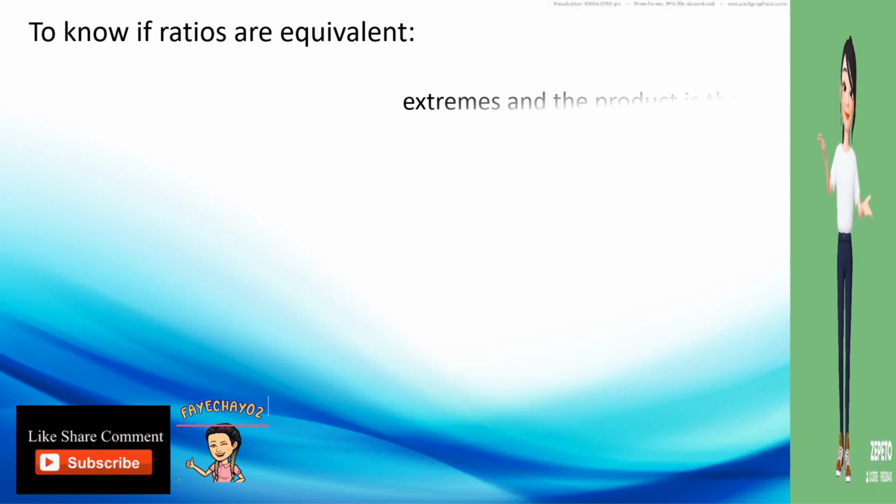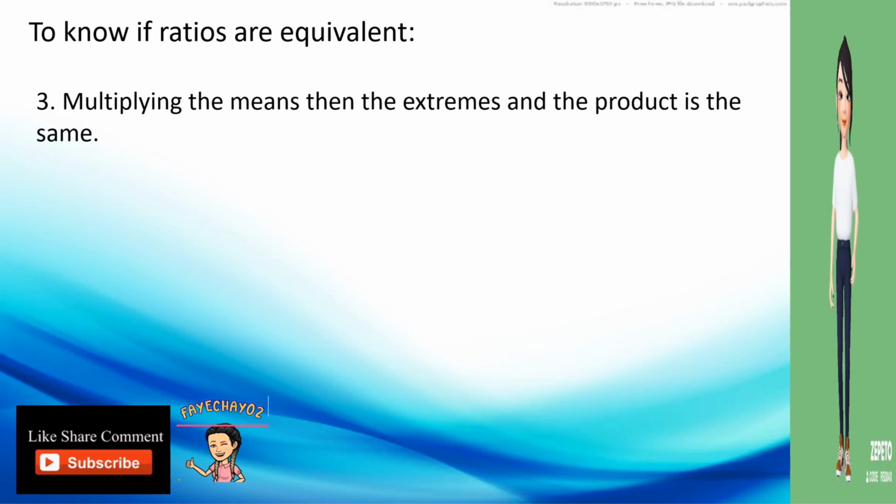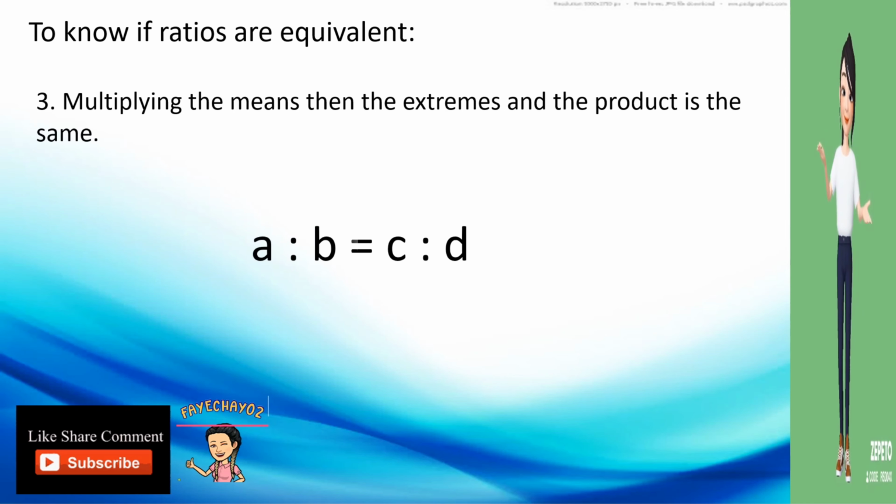This time, we will use the third way. So multiply the means, then the extremes, and the products must be the same. So first, let us now review the parts of the ratio. So we will identify first the means and the extremes.